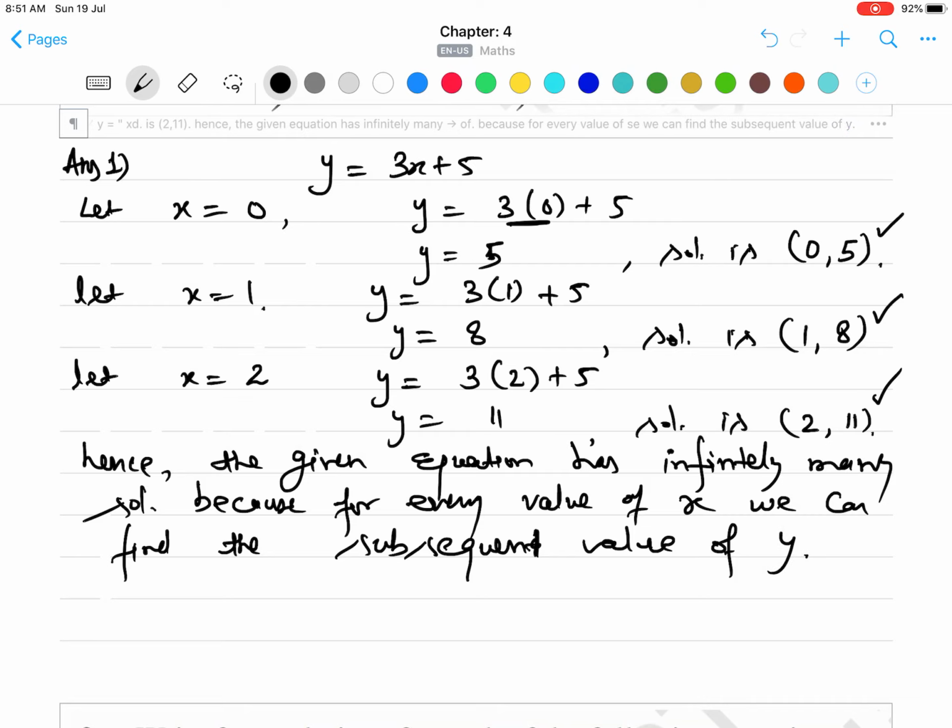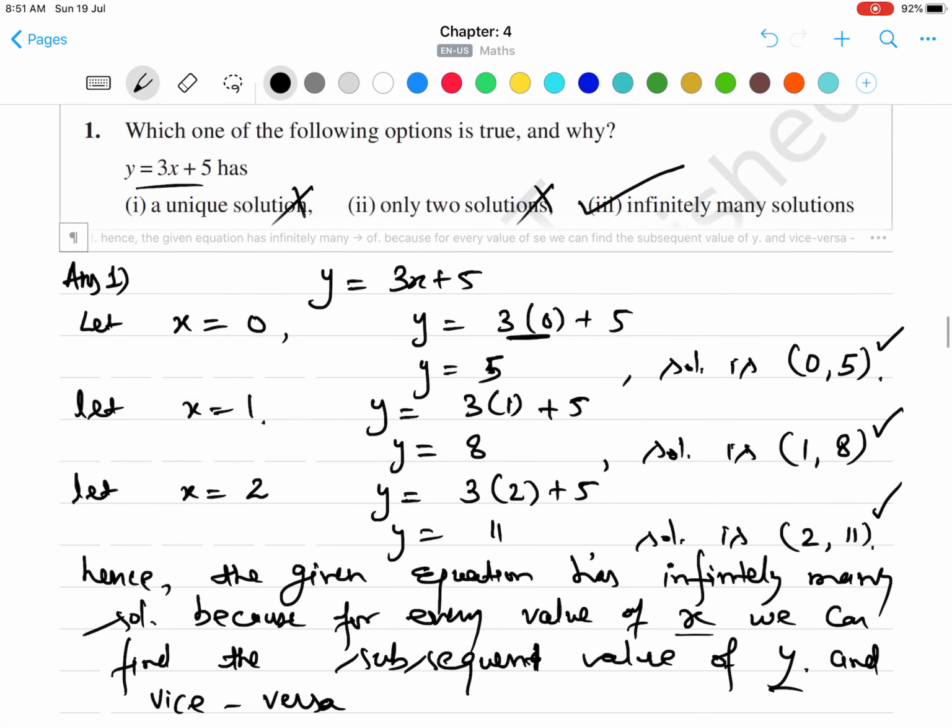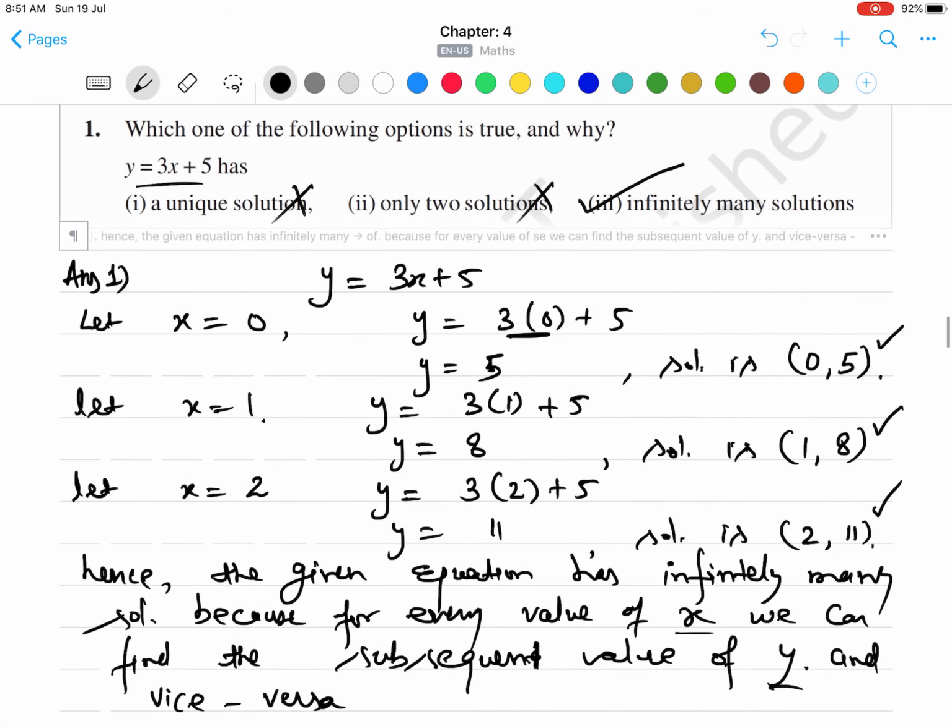Okay, so the solution is: the given equation has infinitely many solutions because for every value of x we can find a subsequent value of y, and vice versa. Vice versa means if you choose any value for y, you will get a subsequent value for x. Okay, that's the solution of question number 1.